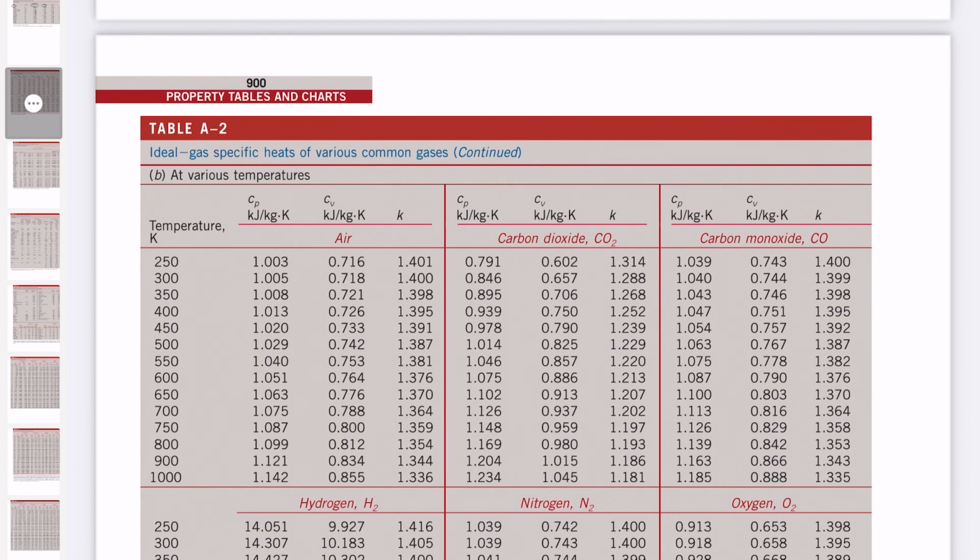Let's see what the average temperature is. I'm calculating at the same time. We are given 47 plus 22.